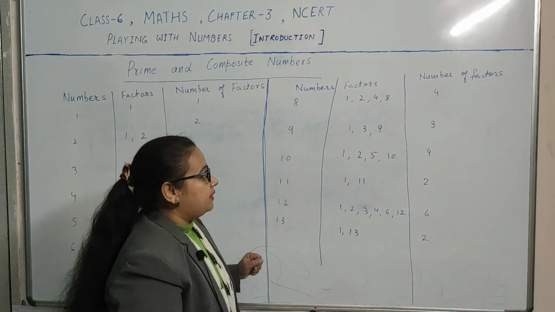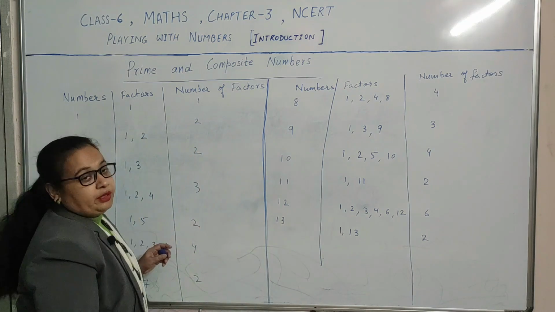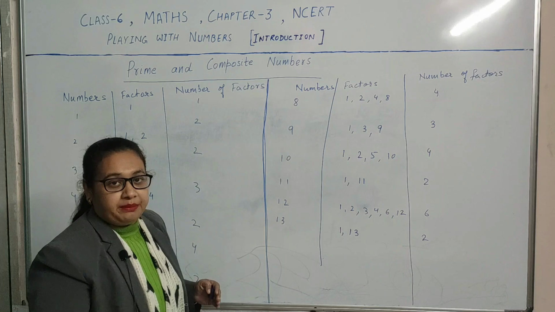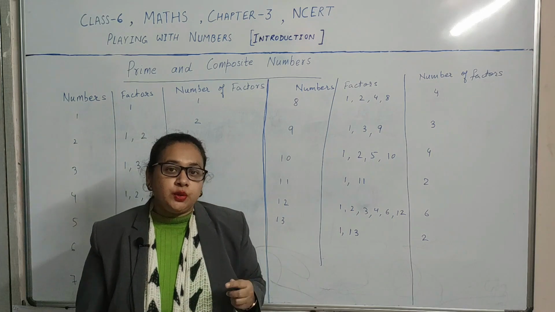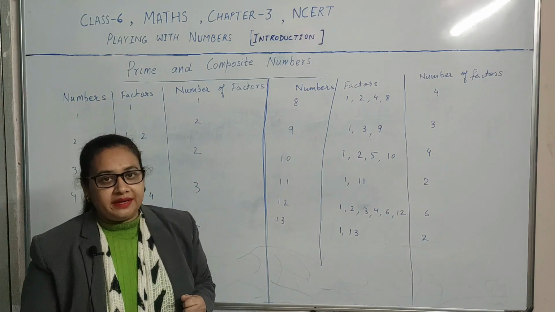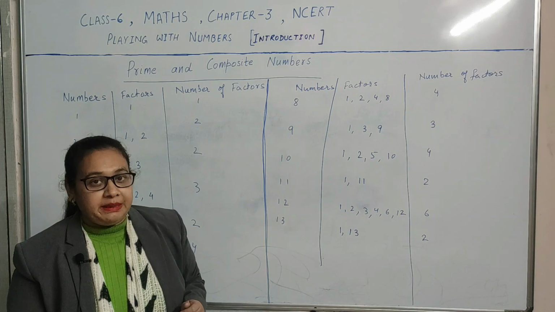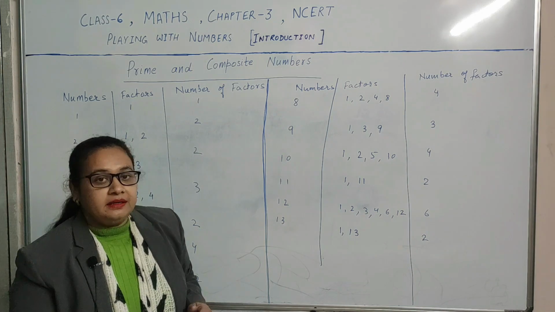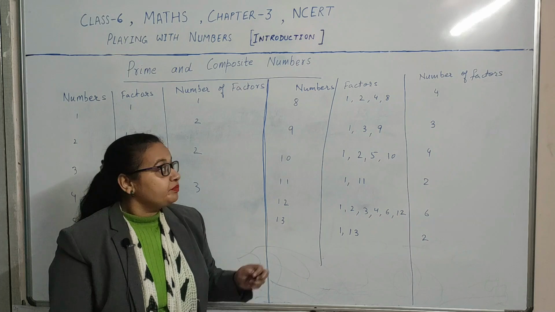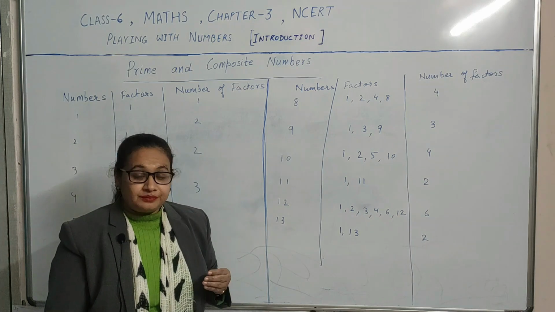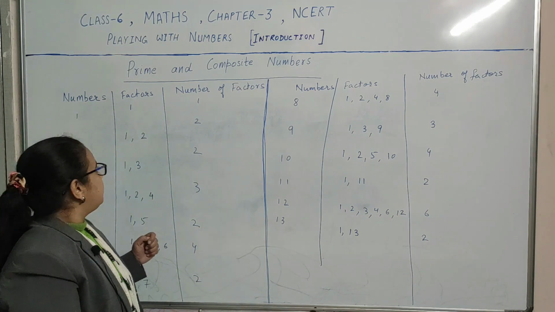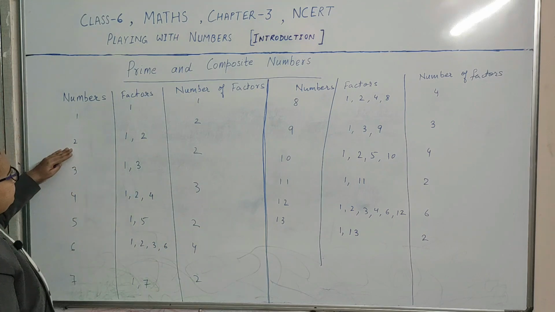So how can you define these numbers? These are the prime numbers. The numbers which have only 2 factors, 1 and the number itself, are all prime numbers. And the numbers which have more than 2 factors are known as composite numbers.